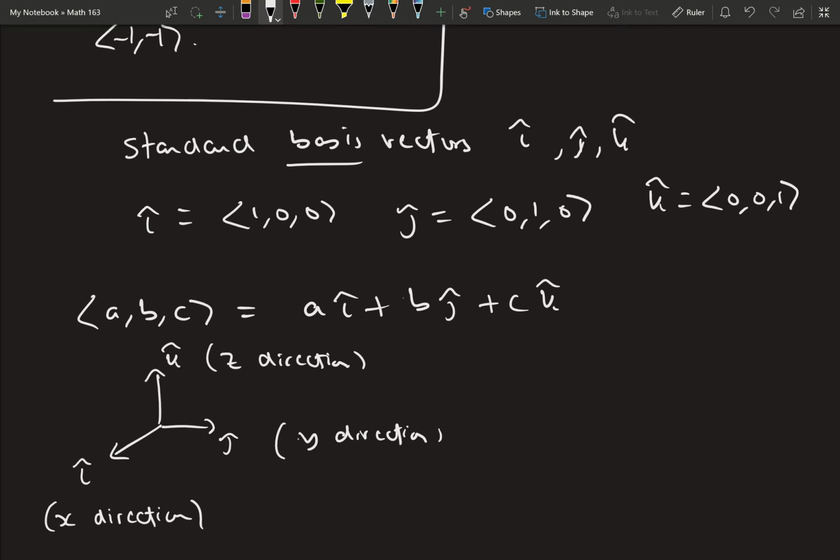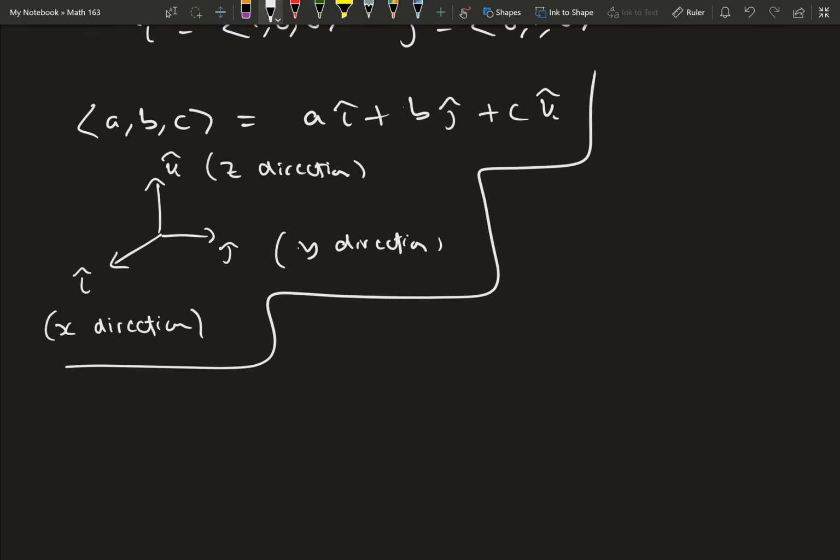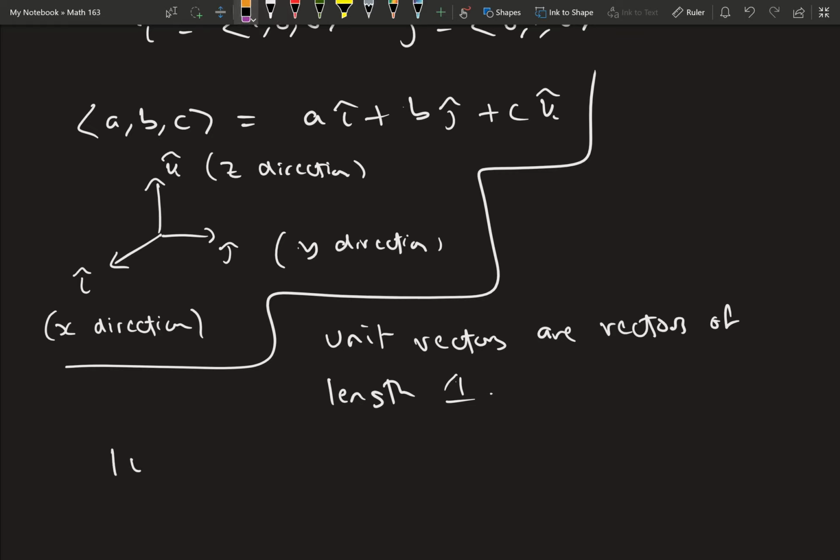Okay. Last but not least, before I conclude, I just want to talk about what are called unit vectors. Unit vectors are vectors of length 1. First of all, what is the length of a vector?